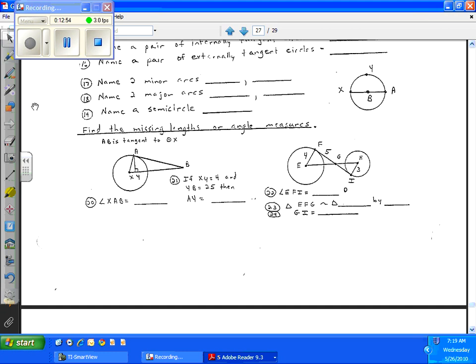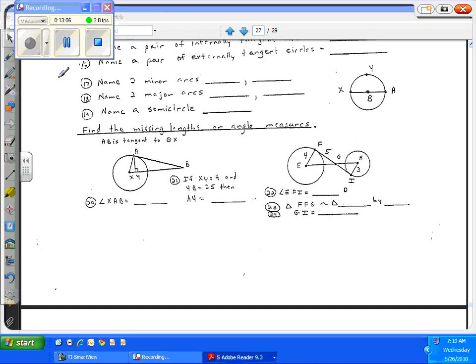And so if we saw a diameter, there's a diameter at XA. So if you want to find a minor arc, you start at one end point of the diameter and you go less than all the way around to it.